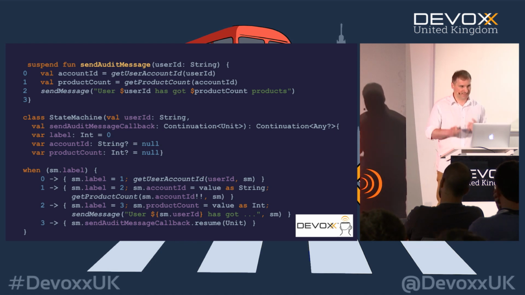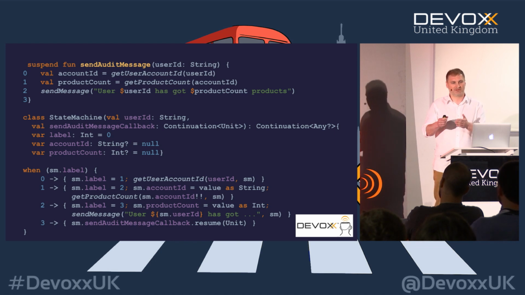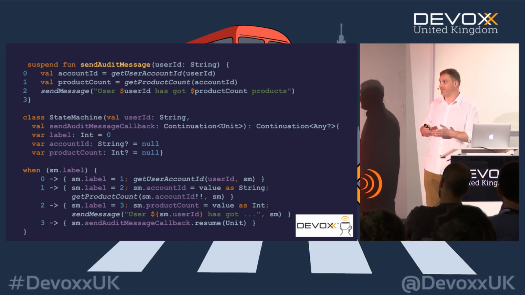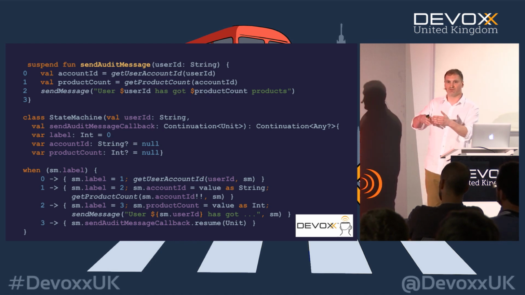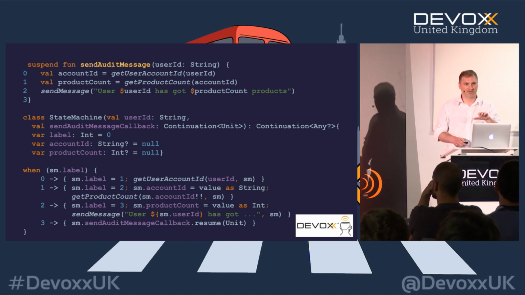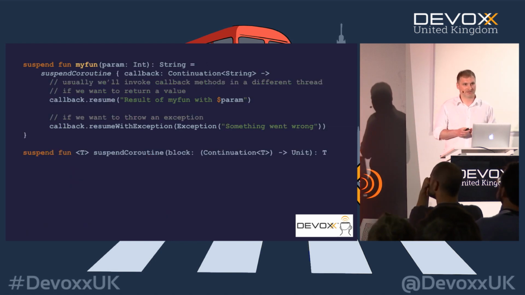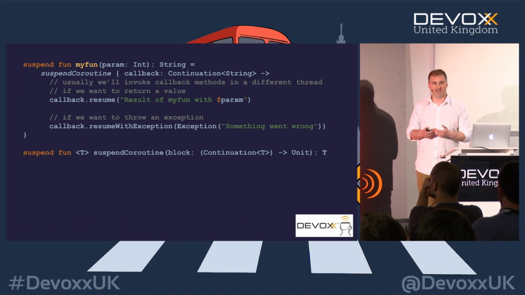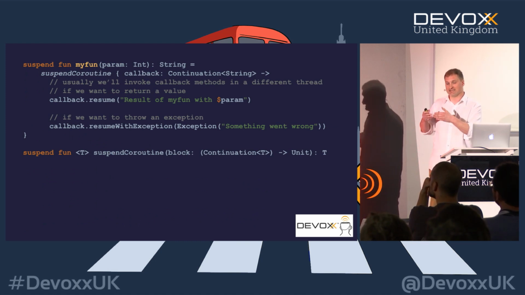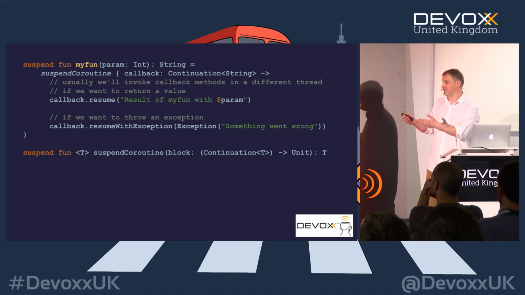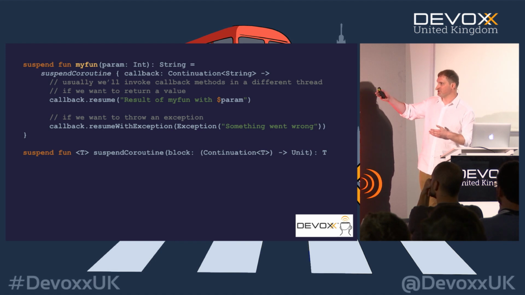But sometimes, at the end of the day, we would like to have access to this callback, because we need it to write something which, for example, fires off a computation on some other thread, so that when this computation is finished, it will call resume on this callback. So we need some basic blocks to work with suspending functions. And one of them is called suspendCoroutine. SuspendCoroutine is a simple function. It's a suspending function, but it takes as a parameter a function or a lambda, and this function has this callback as a parameter.